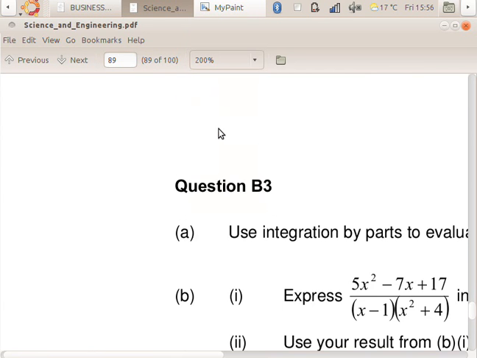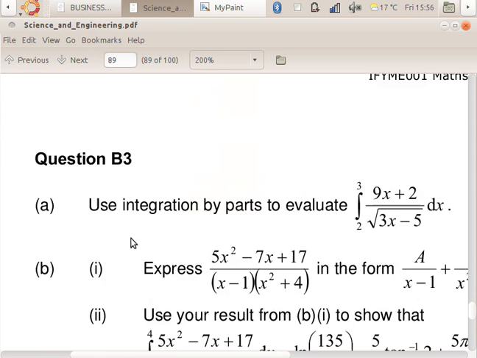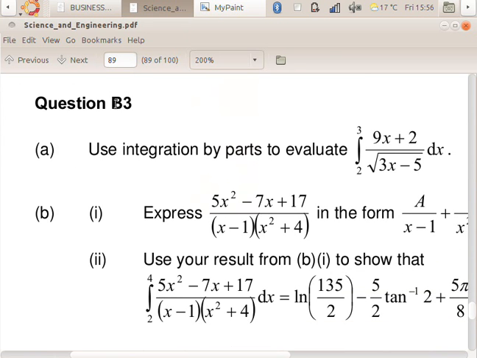Okay, page 89. So write this question down, please. It's page 89 of the book. Okay, did you write that down?